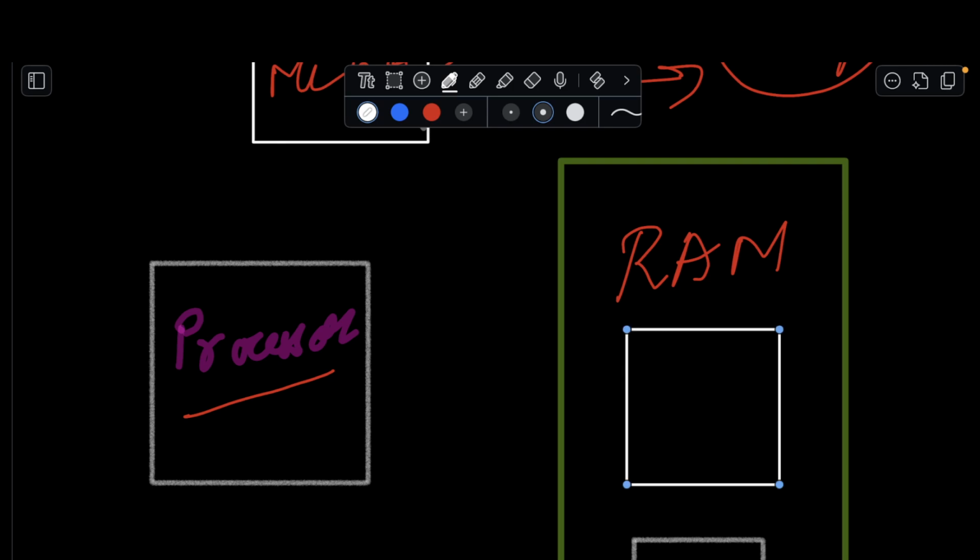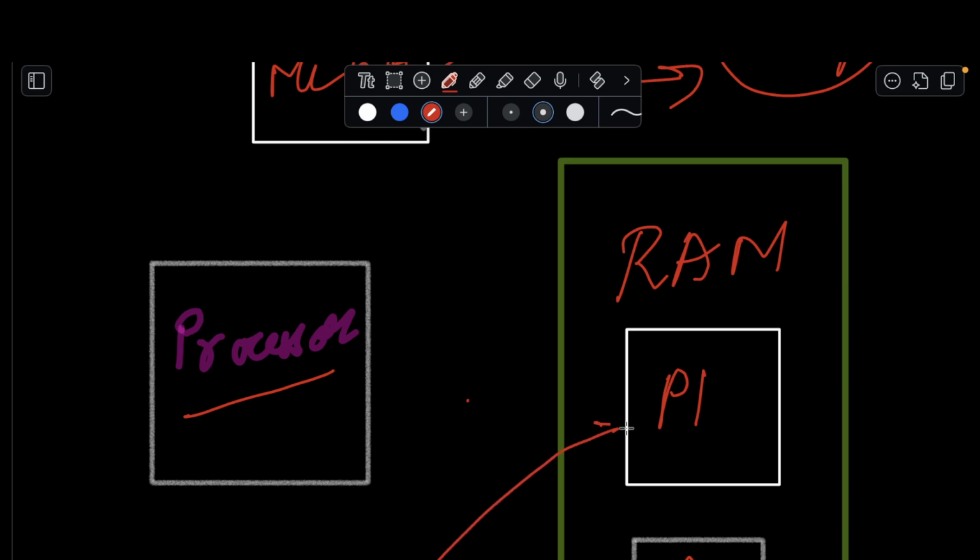Yeah. So these are different processes, right? This is process P1. This is process P2. Now the processor is going to talk to something called the scheduler.